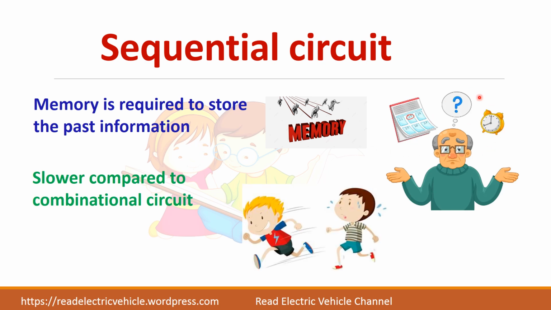Since you need a memory, the sequential circuit will be slower when compared to the combinational circuit, because a combinational circuit does not have any memory. So this sequential circuit will be a little slower than the combinational circuit.